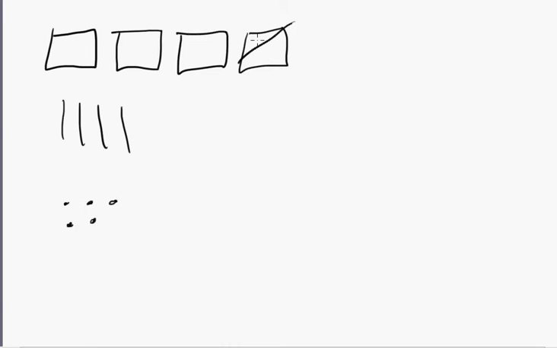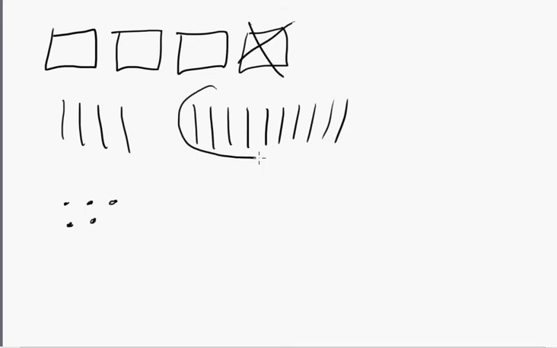So if we cross this out, if we borrow from anything, we always have to add 10, because there are 10 tens in 100. So we're going to add 1, 2, 3, 4, 5, 6, 7, 8, 9, 10. So here are the ones that we added to our original 4. So in total we have 4 here, 10 here, 10 plus 4 equals 14. So we have 14 tens and 5 ones. So that's how we do that.